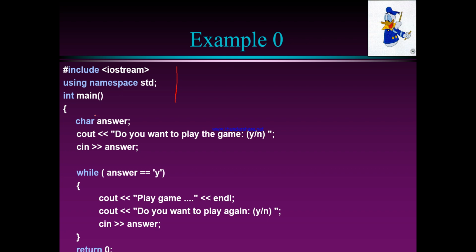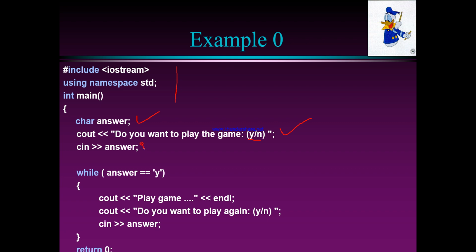The main function starts with the declaration of a variable which has type character, named answer. Then we show a message. We want to show a message to the user with yes and no, asking them to enter if they want to continue or if they want to play their game.